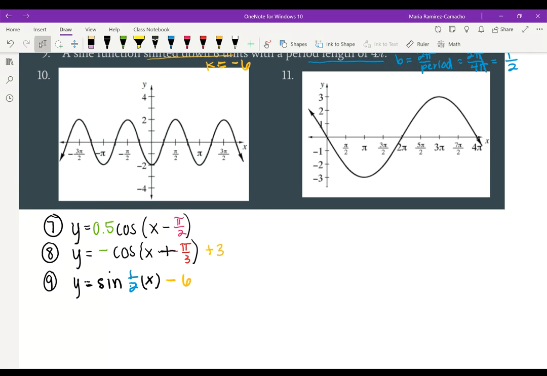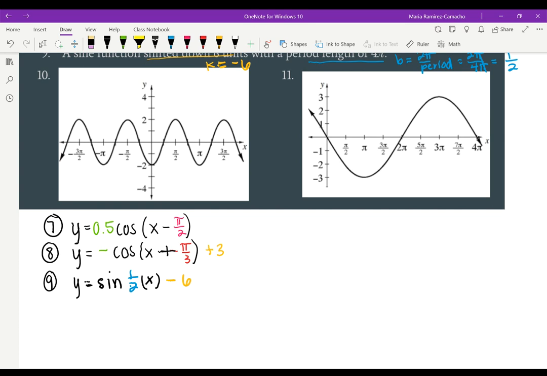So starting with 10, it looks like our amplitude is 2. Well, first, let me backtrack. Our equation depends on whether we use sine or cosine for reference.